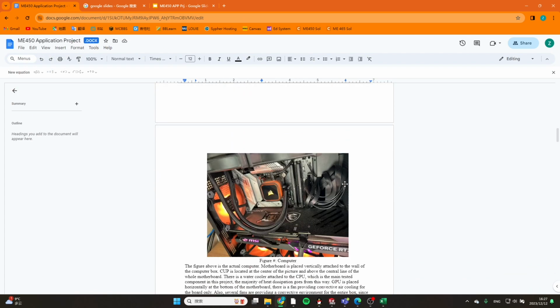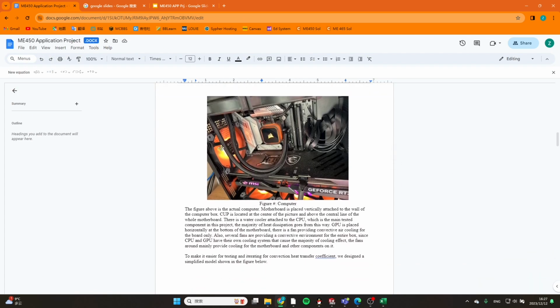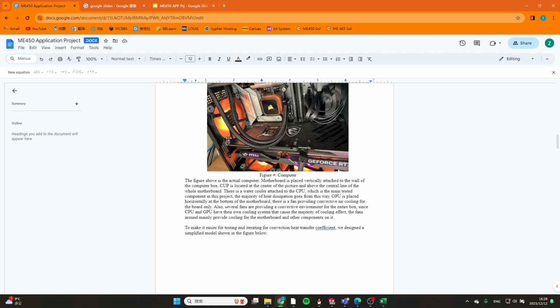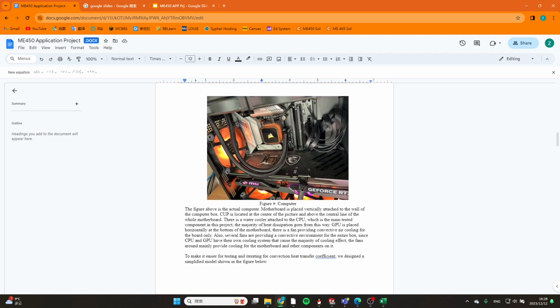So this is an actual computer. This one is the CPU. It has a water cooling system attached to it. This is a GPU. It has an internal wind cooler, surface convection, and the fans provide limited convection for the motherboard and RAM right here, and the disk should be somewhere hidden right here.